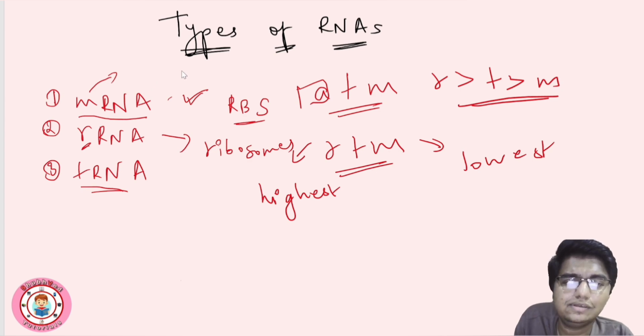We know this. Codons को recognize करेगा tRNA. Okay, and bring the amino acid. So one by one amino acid specific. tRNA is also very specific for amino acid.